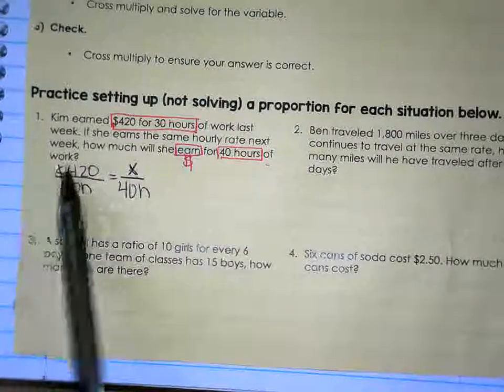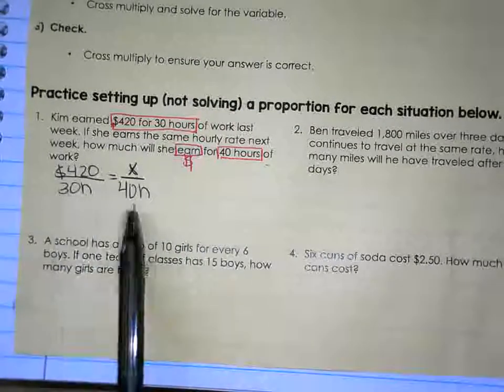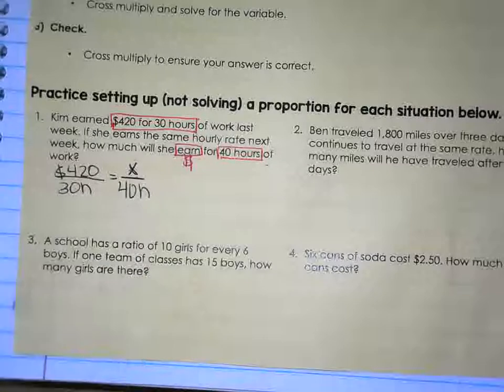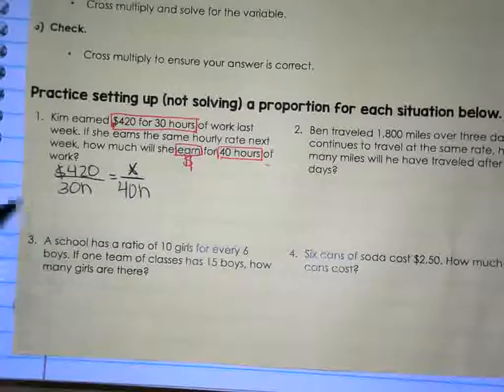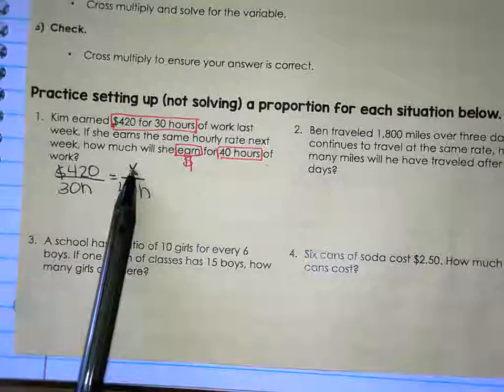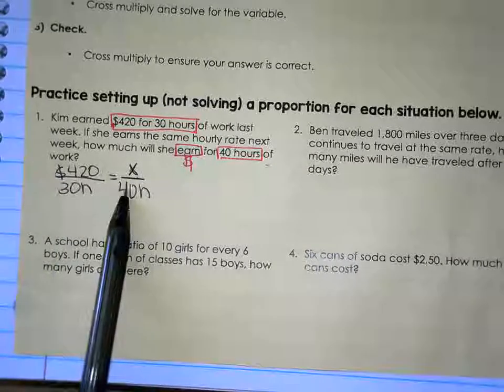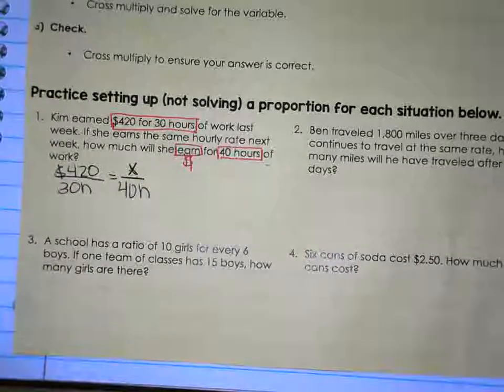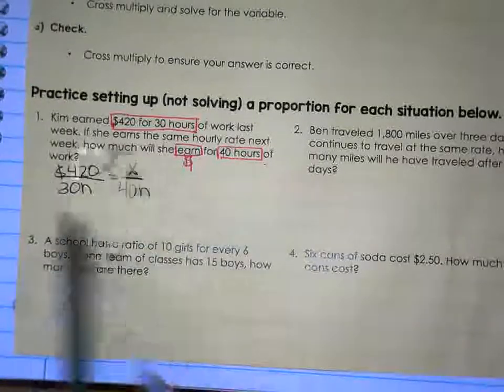Notice I have money and money on top, hours and hours on bottom. You have to do it that way. I cannot flip-flop. I can't have money and hours and hours and money. That does not work. You will get the wrong answer every single time.